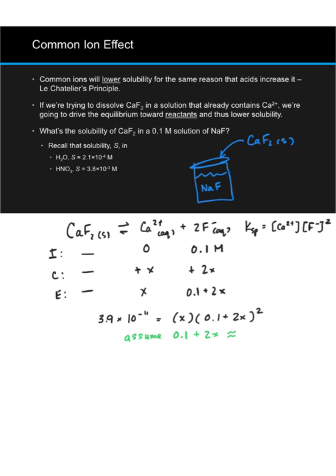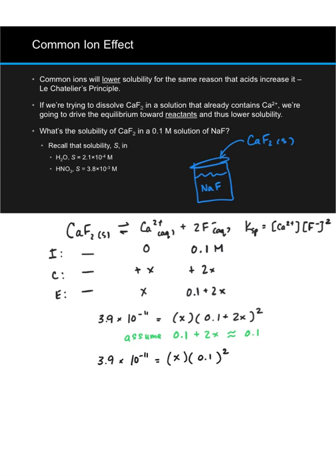We're going to assume that 0.1 plus 2X is effectively the same as 0.1. What that would mean for us is that we don't have to solve a cubic equation. X times 0.1 squared suffices to solve this problem.